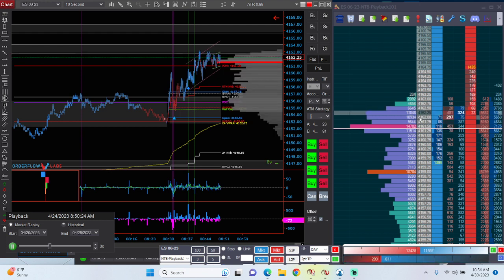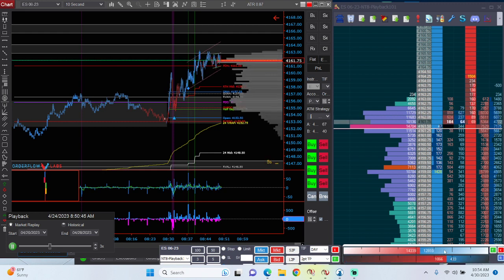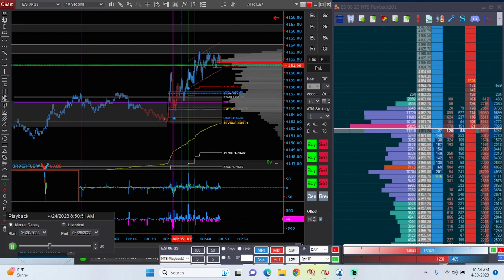Getting the build here. Looking down here. Getting just a mild amount more selling than buying. Want control to be higher.